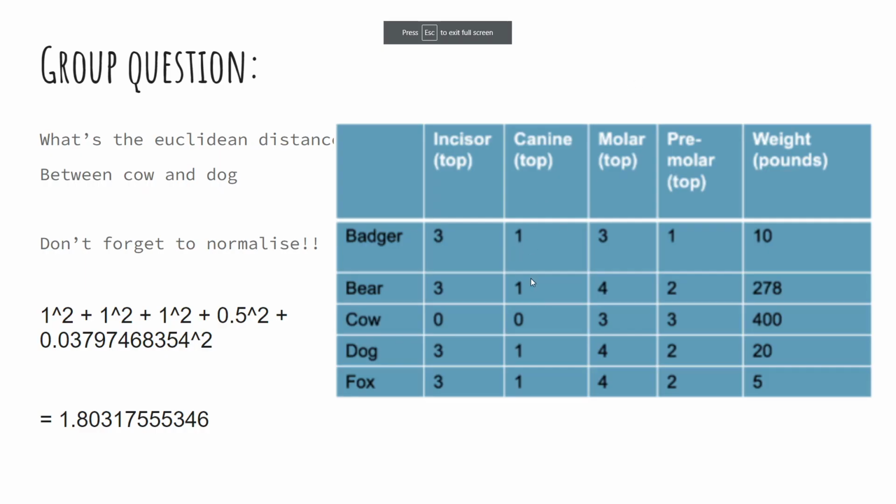And then we do the same for K9. Average of 1 here. Average of 0.5 for premolar. Sorry, this goes to 0, this goes to 0.5, average of 0.25. Weight in pounds, you would scale them and then average them again.